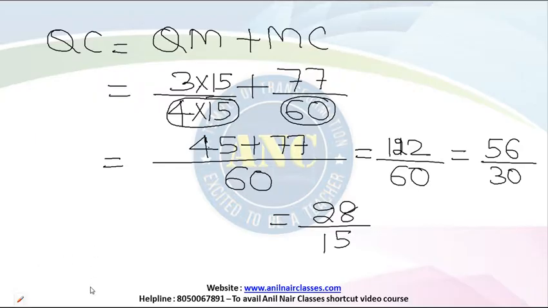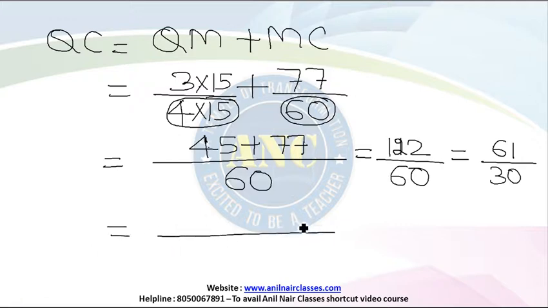122 divided by 2 is nothing but 61, right? I hope I am making sense right now. It is nothing but 61 divided by 30. 61 when you divide by 30, you will get the answer as 2.033. Sir, how did you find 61 divided by 30 so easily as 2.033?